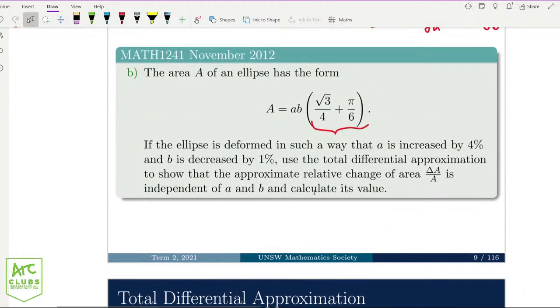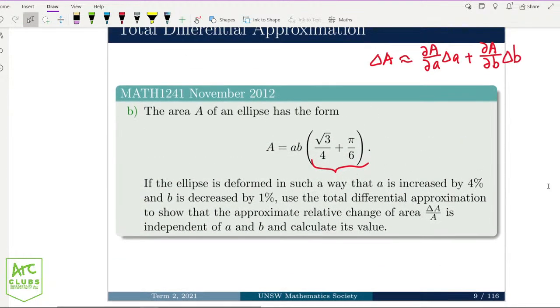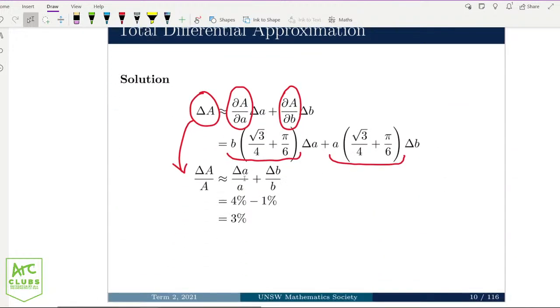And if you think back to what we talked about at the start of the question, when we were first going through the information that we've been provided with, we said that the 4% over here and that 1% decrease are indeed the relative change in variables that we are interested in and what's being required to actually solve the question. So A is increased by 4%. So our delta A on A over here is actually just 4%.